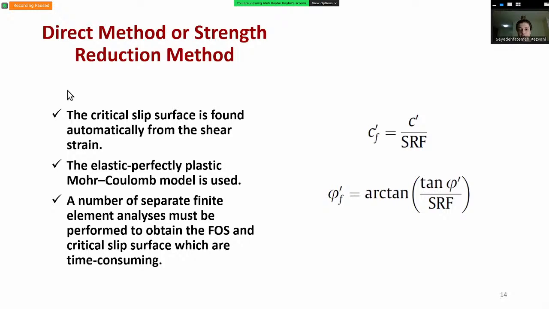As you can see in these equations, the strength reduction method's definition of the factor of safety is the ratio that must be used to divide the original shear strength parameters in order to reach the slope's failure point.